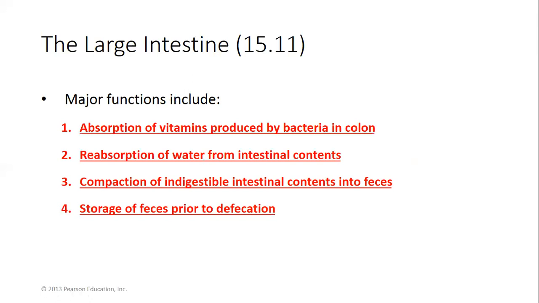It reabsorbs water from the intestine, compacts indigestible components and creates feces, and then stores that feces prior to defecation. So the small intestine, its major job is to absorb nutrients. Large intestine, vitamins, electrolytes, and water is that the balance of those substances happens in the large intestine.